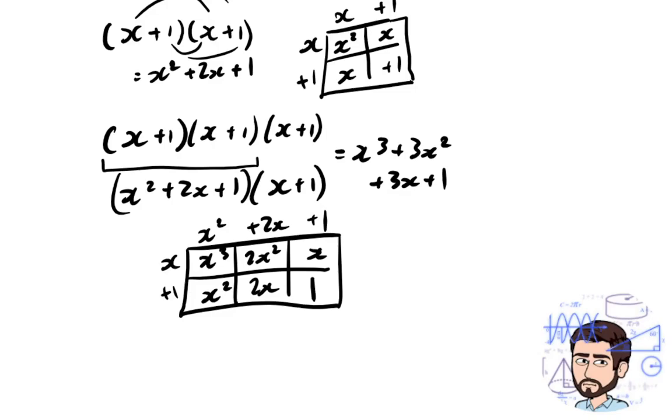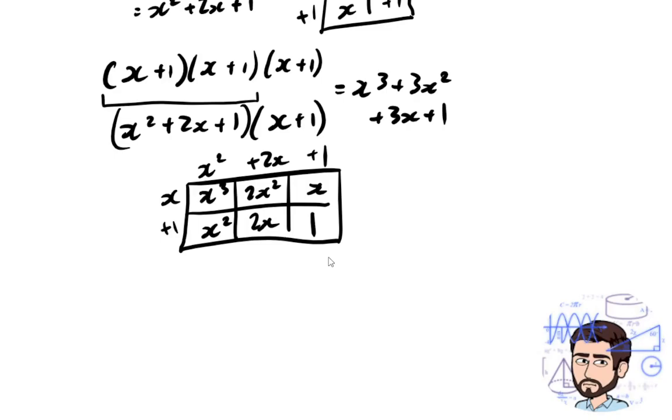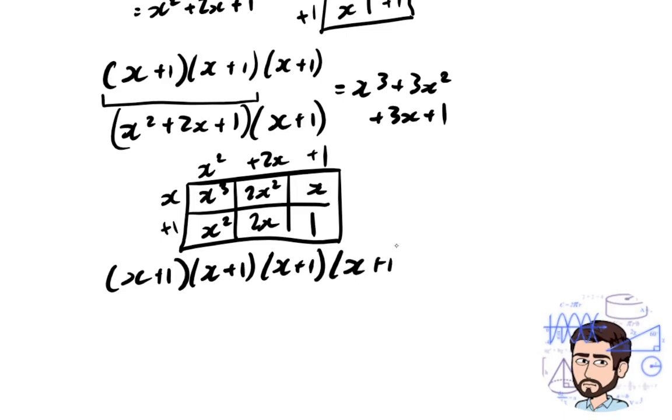And that seems pretty fine. What happens if I wanted to expand 4 brackets? I wanted to do x plus 1, x plus 1, x plus 1, x plus 1. You could go through the exact same method as what we've just done, because we already know that these three brackets will expand to x cubed plus 3x squared plus 3x plus 1.